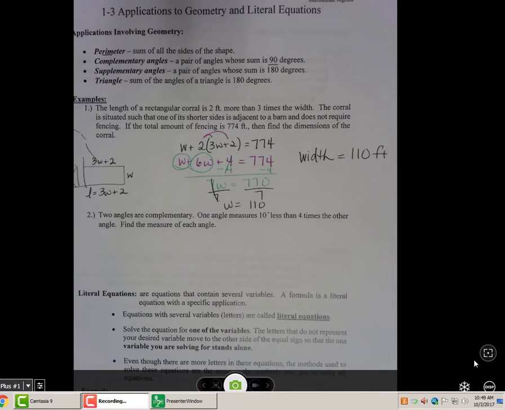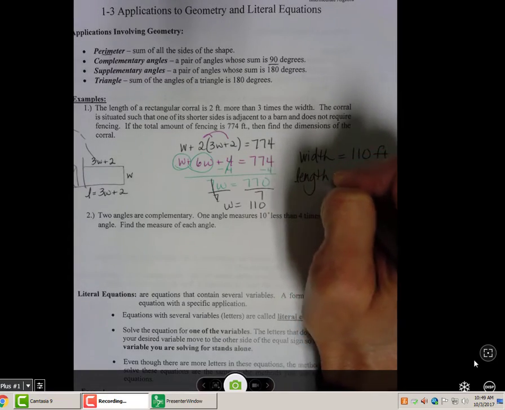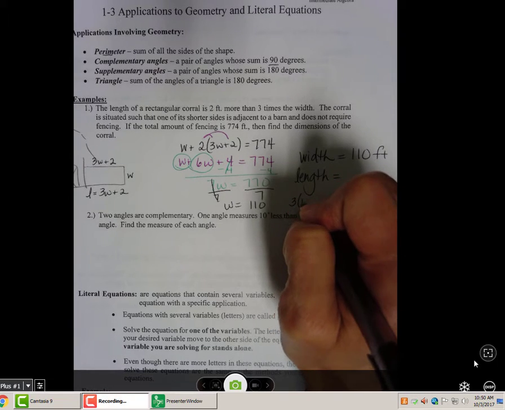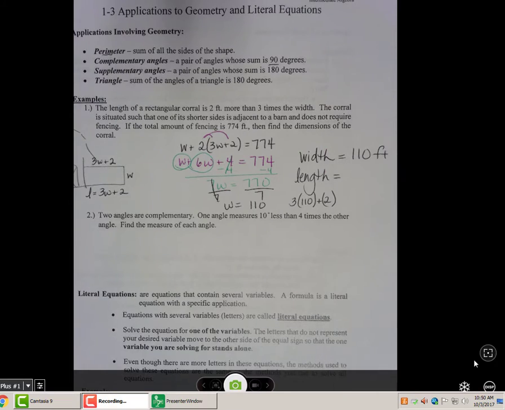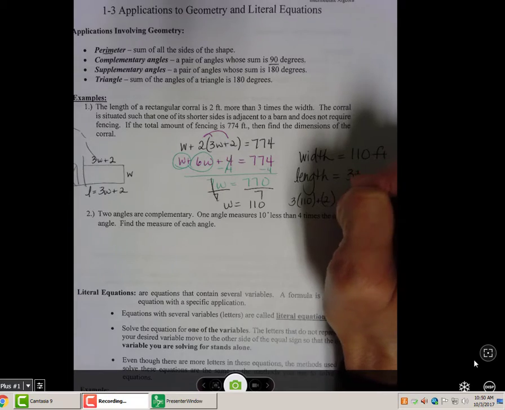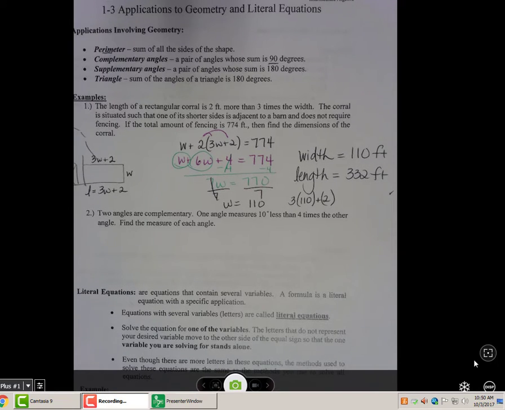And then I have my length, which is 3W, or 3 times 110 plus 2. So we have 332 feet. Okay, and then you can go ahead and do kind of a quick check there. So does 332 plus 332 plus 110 equal 774? And it does, so it's check.